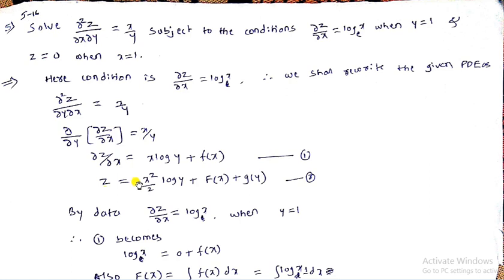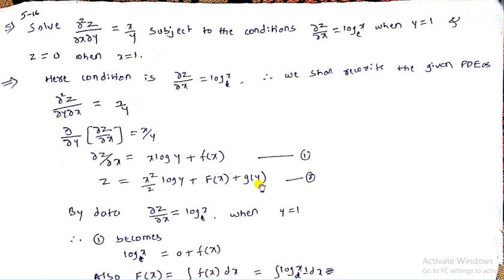The integration of x log y with respect to x is x²/2 log y, and the integration of f(x) dx is capital F(x), plus g(y), because we are integrating with respect to x, so we add the arbitrary constant g(y).